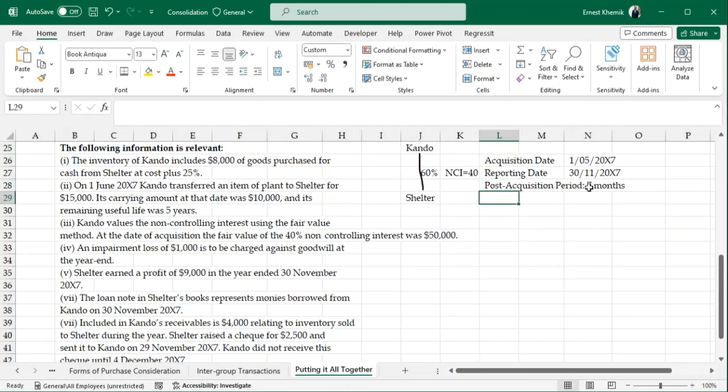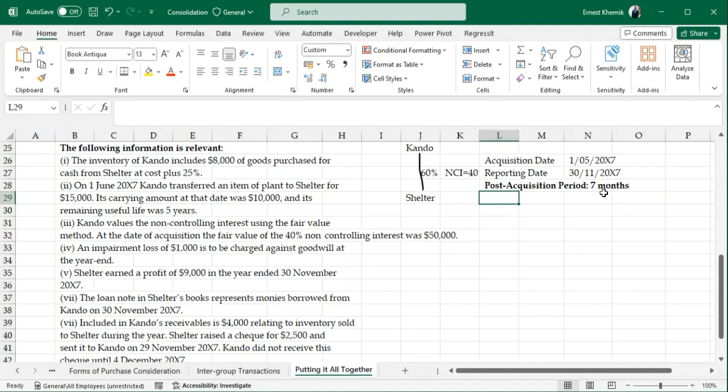Now, this is important. This is what we call mid-year acquisitions. I want to introduce some new things. That is the purpose for solving the question, so that I can explain in detail some other things that I haven't covered in the previous videos. So this is what we call a mid-year acquisition. What this does is that whatever will have to affect our retained earnings would have to be adjusted for the period between the acquisition date and the reporting date.